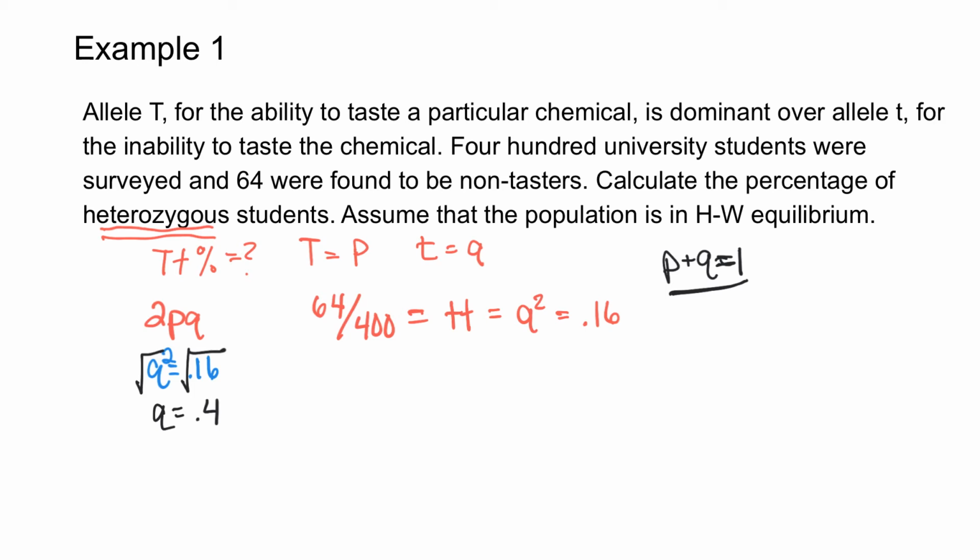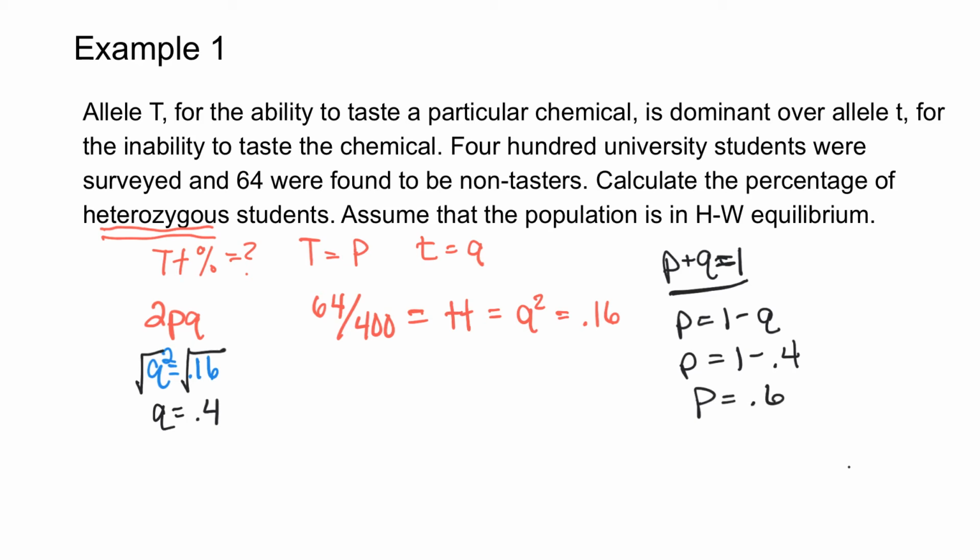So p equals 1 minus q, or p equals 1 minus 0.4. So p is going to equal 0.6.